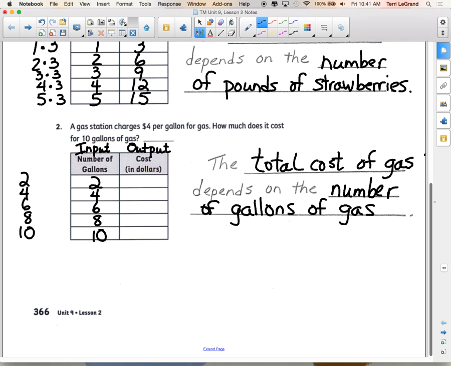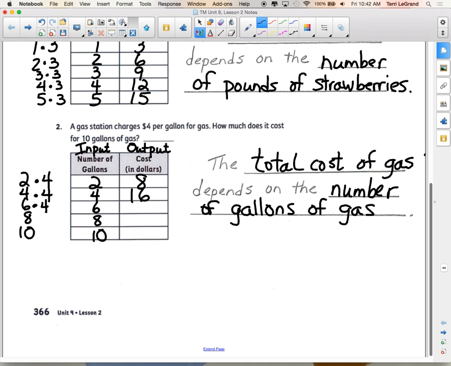So what are we going to have to take times the number of gallons to get the total cost? Times 4. It's $4 for every gallon you buy. So if we buy 2 gallons, we have to multiply by 4. And what do we get? 8. If it's 4 gallons, we have to multiply by 4, the price per gallon. 4 gallons at $4 a gallon is 16. 6 times 4 is, what's up, Arlie?